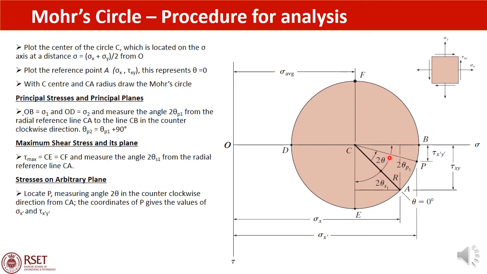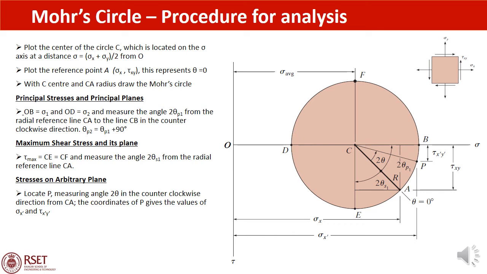Here in the Mohr circle it will be 2 theta P1, and on the element it will be theta P1. So to get theta P1 you have to divide 2 theta P1 by 2. Similarly, we know that the major and minor principal planes will be 90 degrees apart. So to locate theta P2, you simply add 90 degrees to theta P1.